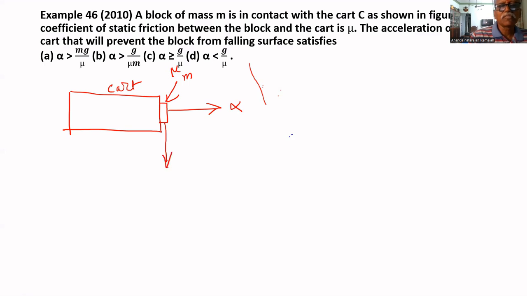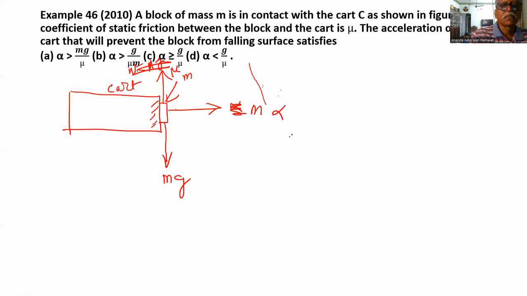The downward force acting on it is mg. The upward force is the frictional force, which acts upward because mg is acting downward. Here this is the surface. Therefore, the normal force is mass into acceleration.